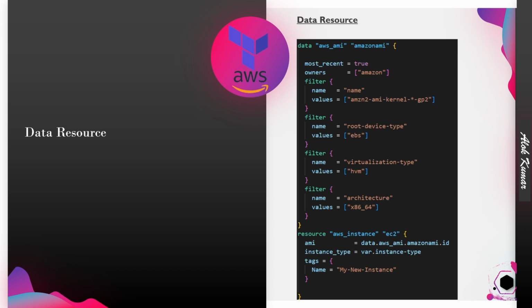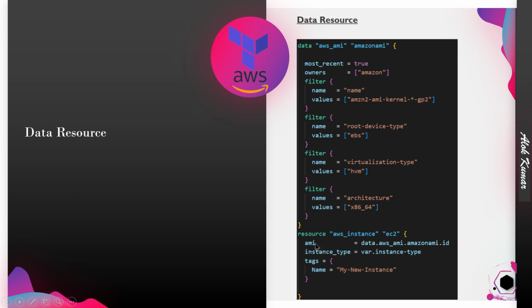You have to provide all of these to narrow down to the particular AMI that you want to use. And don't forget to set most_recent to true, otherwise several images will get fetched using the same criteria.